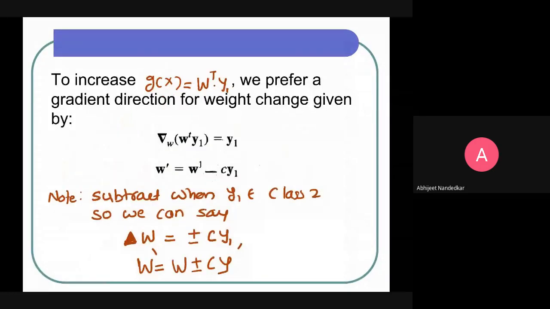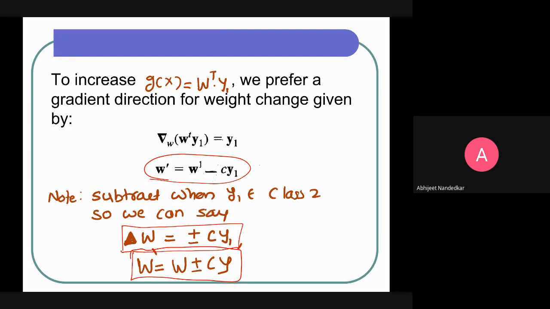Now instead of the plus that we did earlier, I am going to subtract. So we subtract from the weight. So the change in weight, if you see carefully, is plus or minus Cy. So the new weight W prime is equal to W old plus or minus Cy. Now I want to implement this idea.